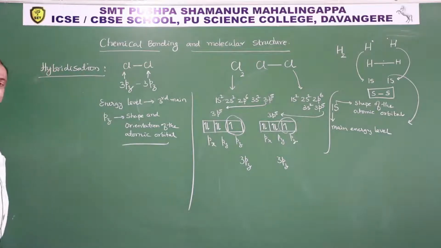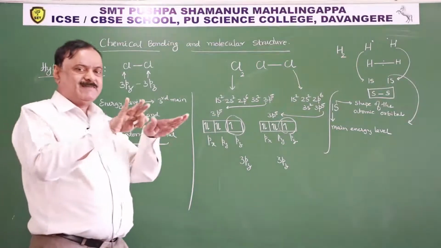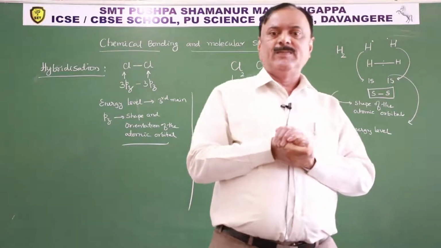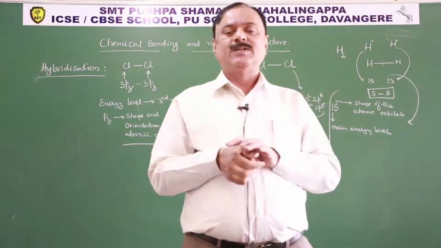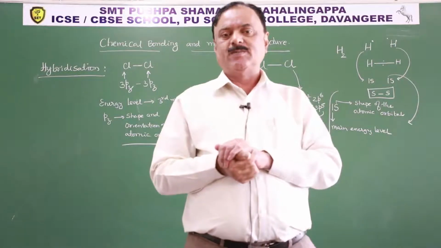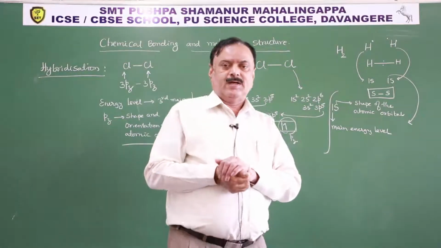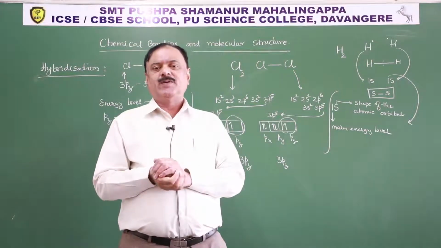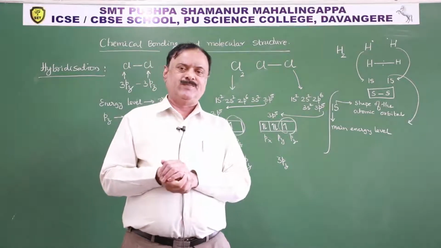Both are the same. In such cases, the frequency or wavelength of the electrons involved in the chemical bond formation is the same, and hence there is no problem in the formation of the covalent chemical bond.